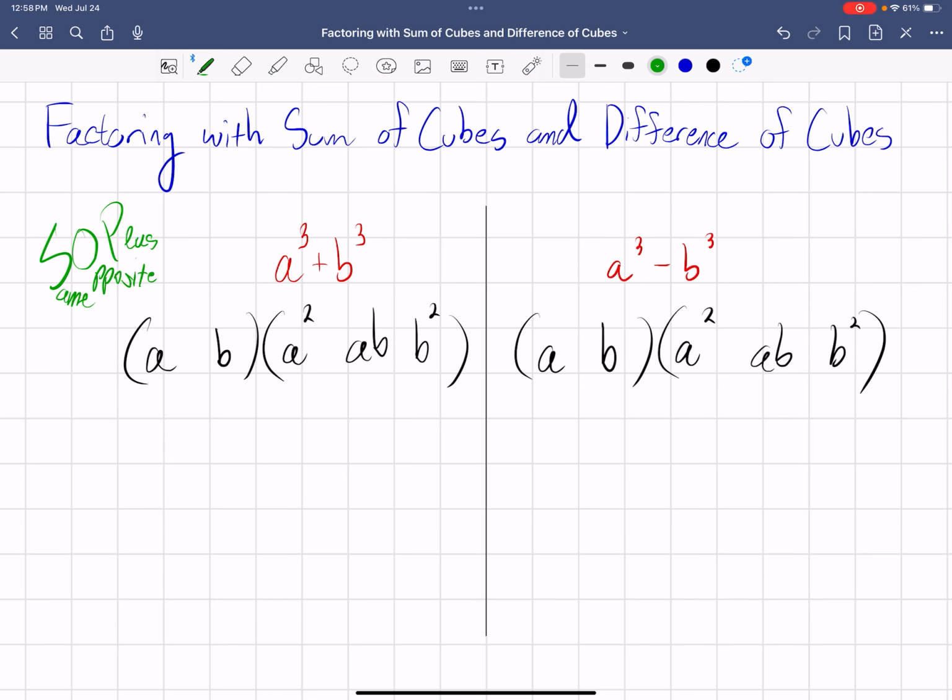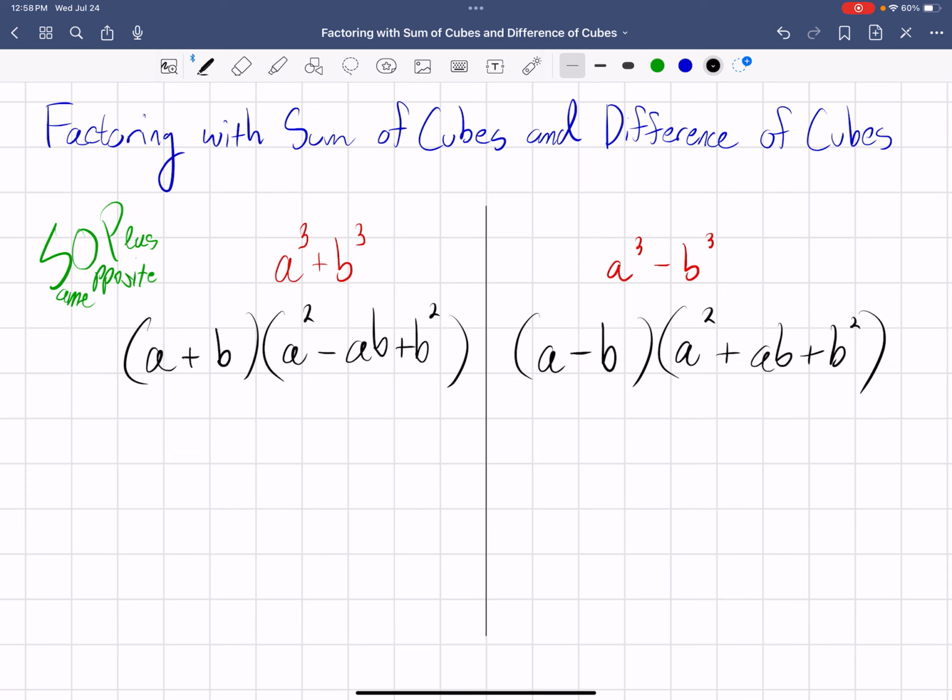What I mean by that is when you're figuring out what the signs are, for instance, for the sum of cubes, the first sign here will be the same as what you had in your original expression. So same, which is a plus, opposite, which is a minus, and then plus is always the third sign. Same thing over here. With our difference of cubes, we had a minus sign. So the first sign here will be the same, then the second will be the opposite, and then plus always for the third sign. And those are the formulas.